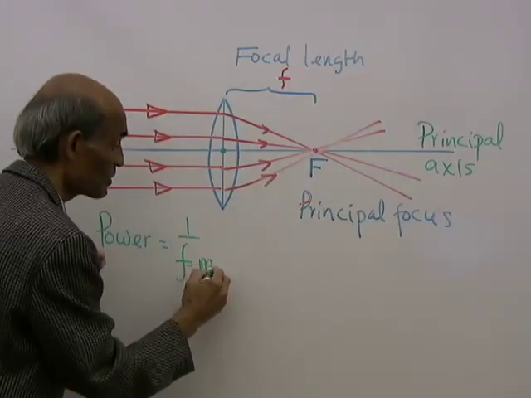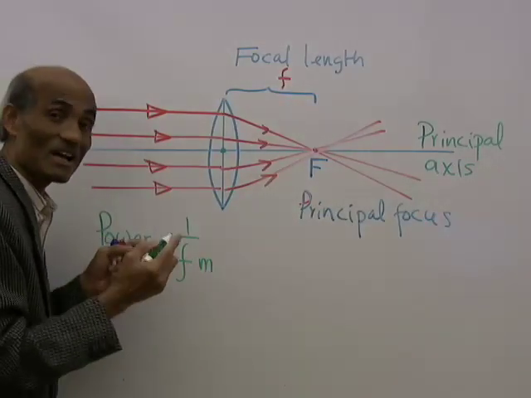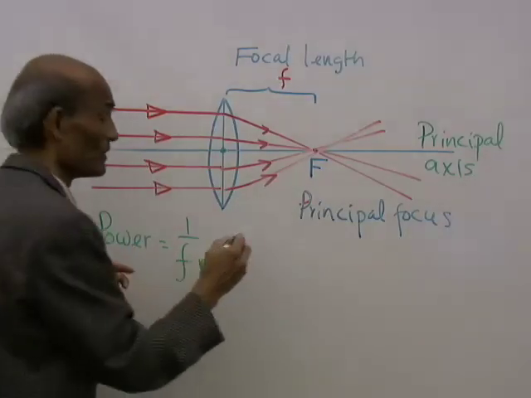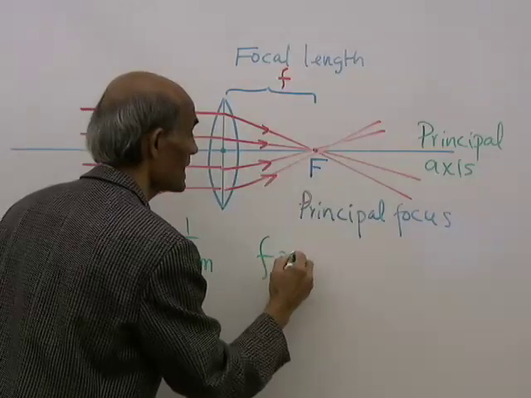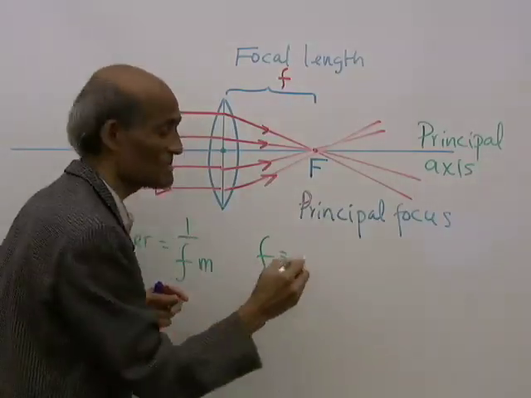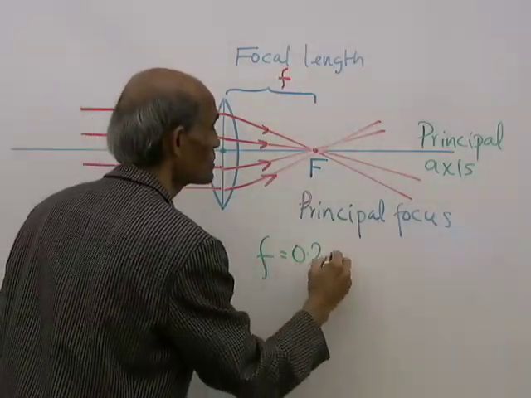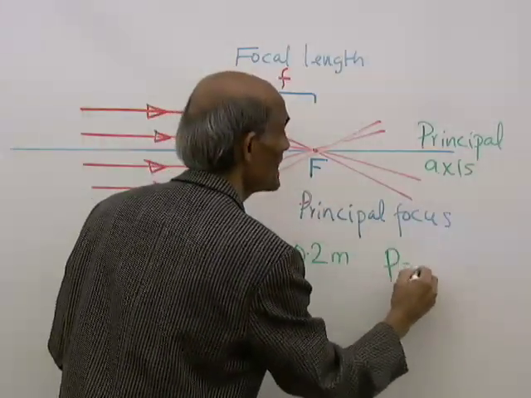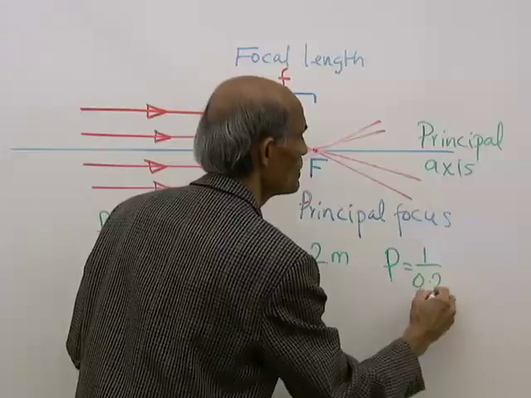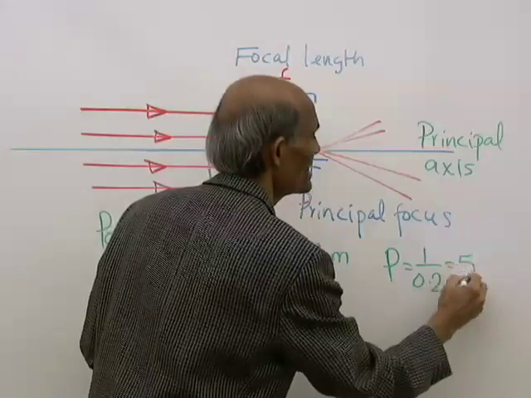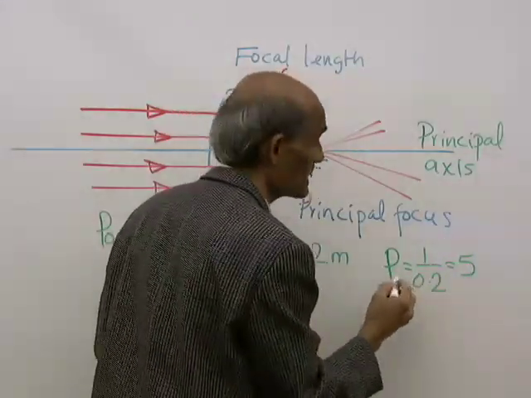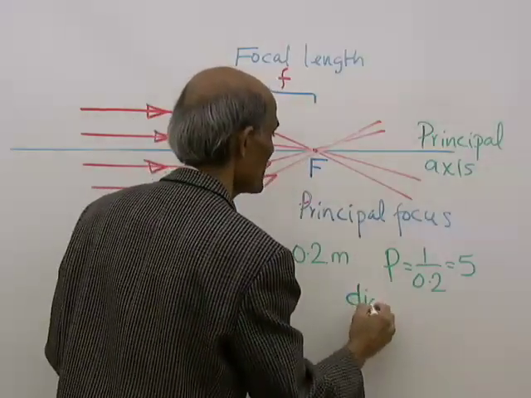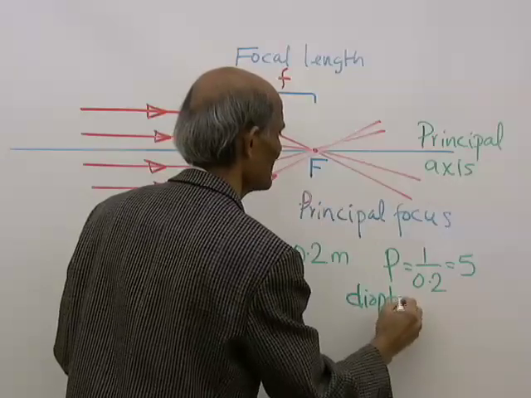You measure the focal length in meters and take the reciprocal of that. That is the power of the lens. For example, if the focal length is 20 centimeter, that is 0.2 meter, then the power of that lens is 1 over 0.2, that is 5 diopter. The unit of the power is called a diopter.